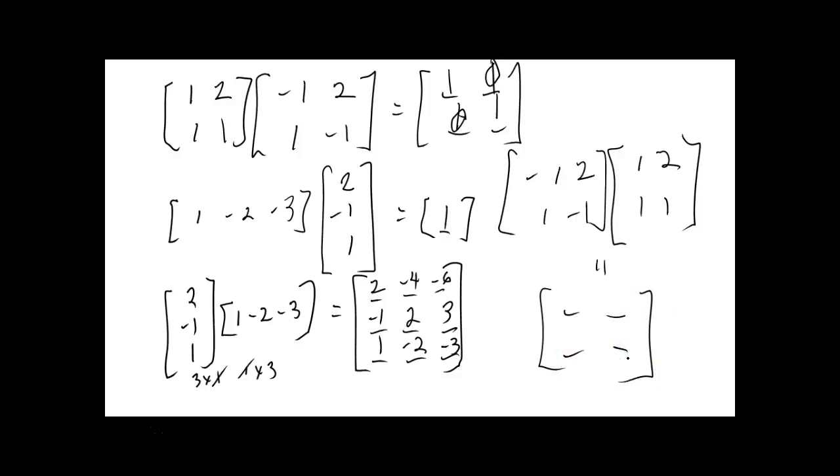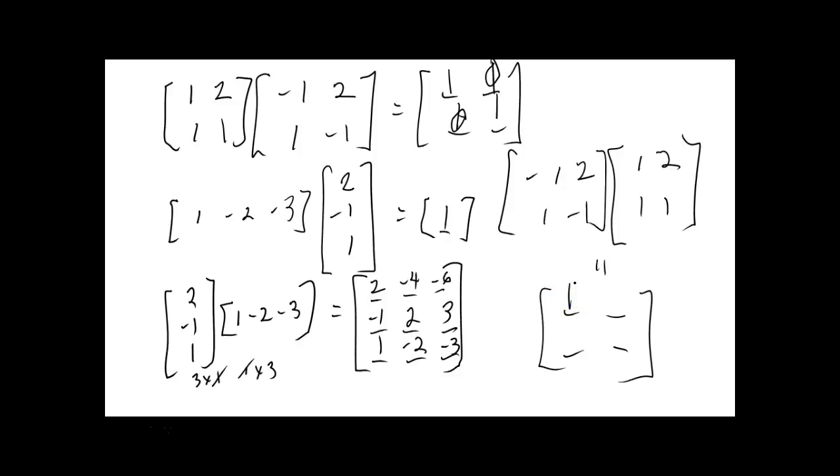Pick an entry. 1, 1. So what would you multiply here? First row by first column, and what does that give you? -1, which gives you 1. This isn't in the book. No extra charge though, okay?